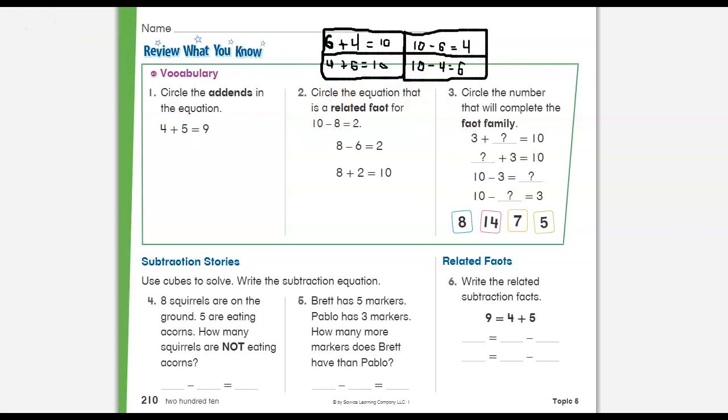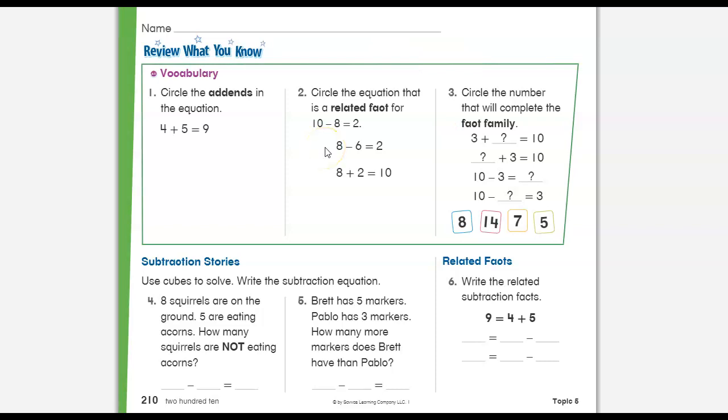So let's look at problem 2 and problem 3. On problem 2, it says circle the equation that is a related fact for 10 minus 8 equals 2. So we have the 2 equations: 8 minus 6 equals 2, and 8 plus 2 equals 10.